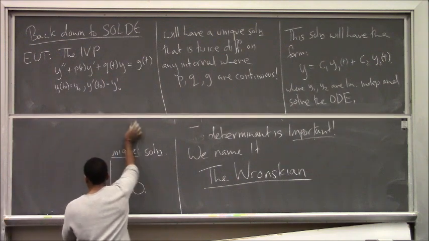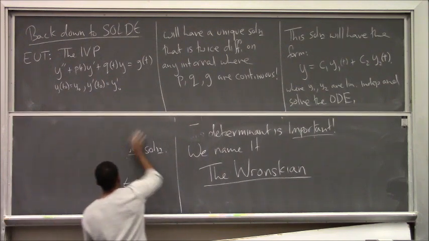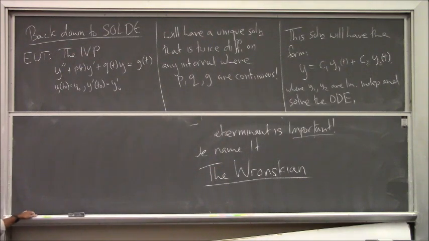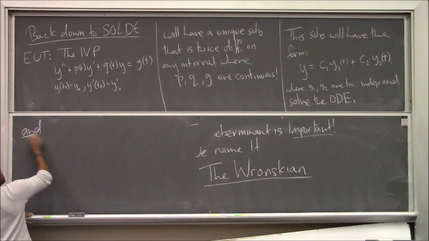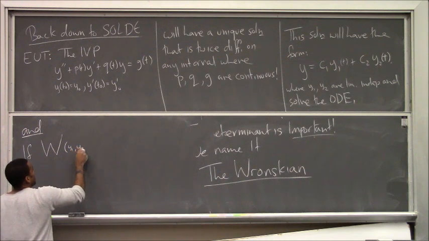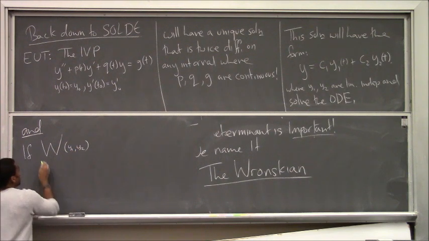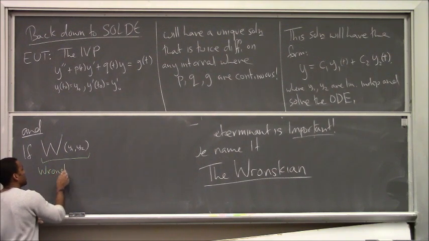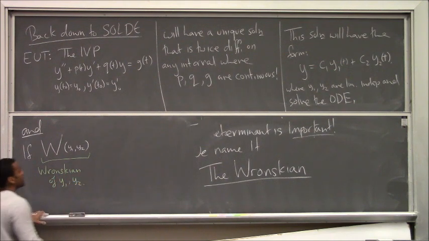We're just going to do a lot of things for free now, because we really did a lot of heavy lifting last class. If the Wronskian of y1 and y2, it's called the Wronskian, you might write it as a function, which I've asked on a couple quizzes now.